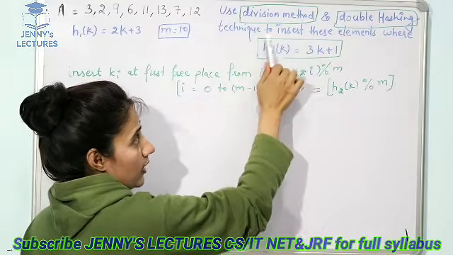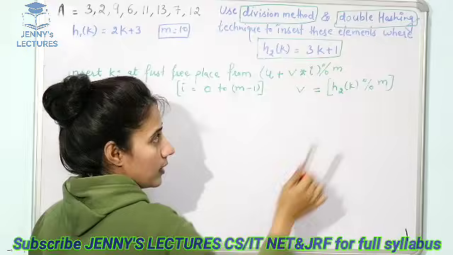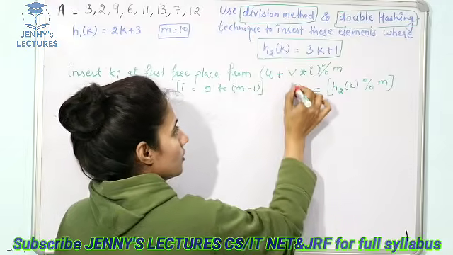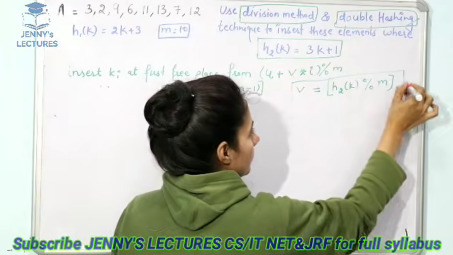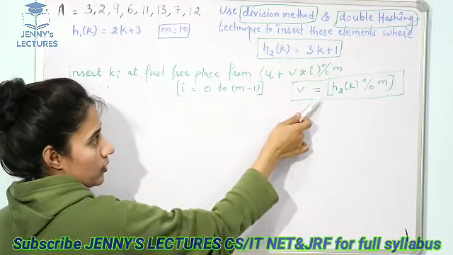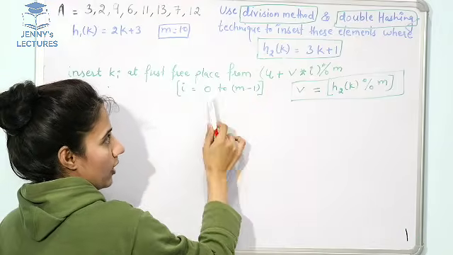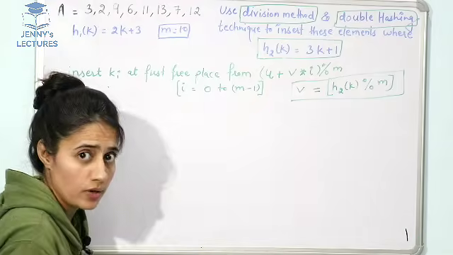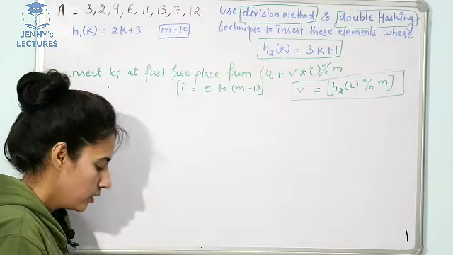Whatever the second hash function is, take it mod m. This is how you will calculate v. So we will have u, and then we can calculate v also. i goes from 0 to m minus 1, and we have m, so we can easily resolve the collision.